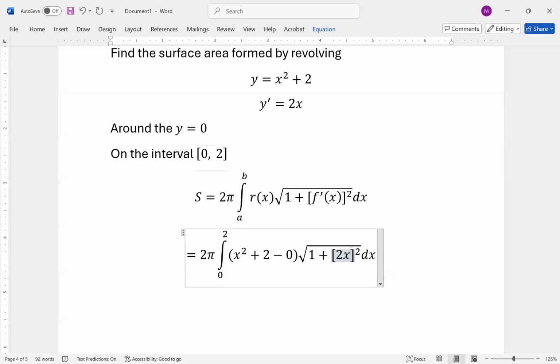I haven't pre-plugged that in. I should have probably, but when I did my integration and I typed this all in, I ended up with approximately 111.62.